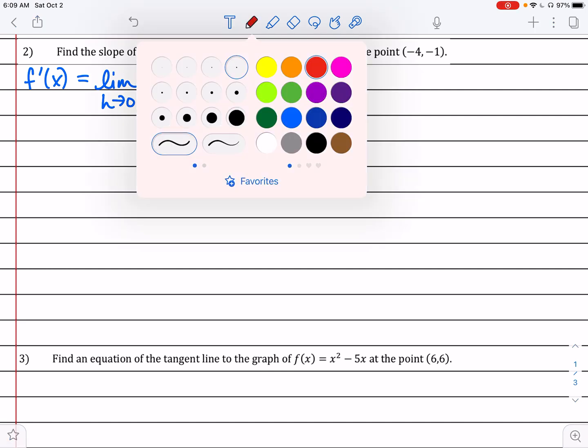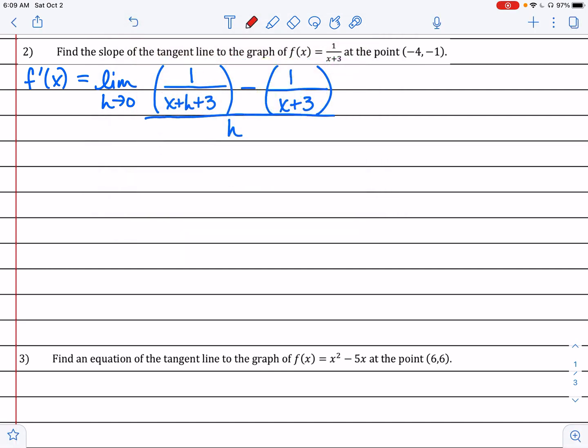So this was much more of a problem than it should have been. When you learned rationals last year, you learned that you cannot add or subtract two rational expressions without finding a common denominator. So on the right, you need to multiply by x plus h plus 3. And on the left, you need to multiply by x plus 3 over x plus 3.